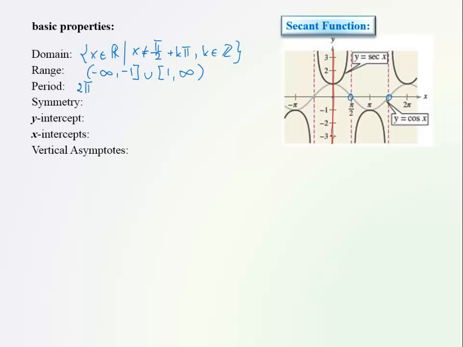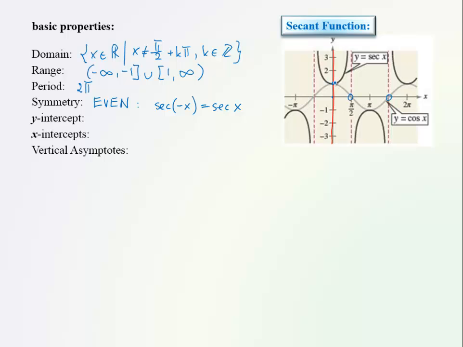So we have symmetry in the y-axis, which means that the function is even. And that's not a surprise because cosine was even, so this reciprocal will be even as well. That tells us that secant of negative x is the same as secant of x.